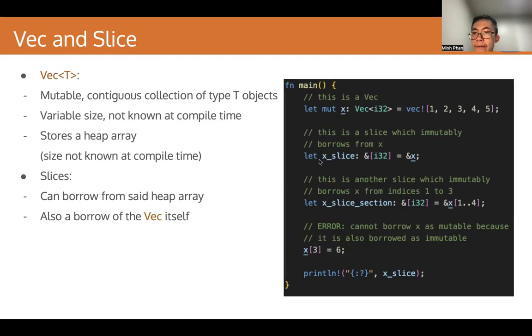And if we try to create a slice that borrows from x, how we do it is basically the same as if we just borrow from an array. We do x_slice. The type is a slice into a collection of i32s, and we just do &x. That's a borrow. This borrows from x and also borrows from the heap array.